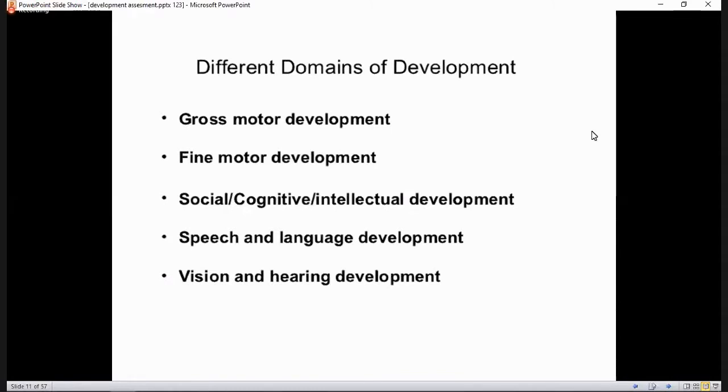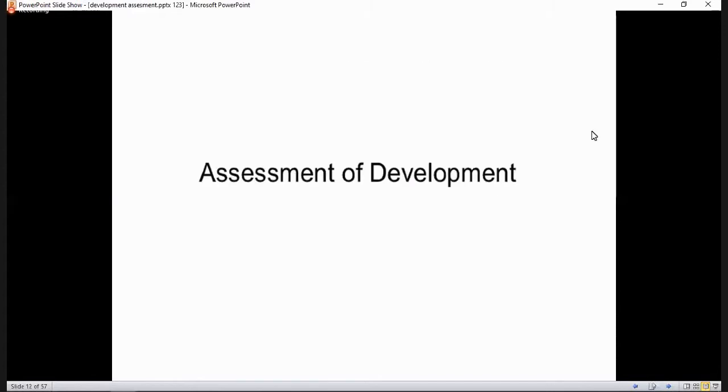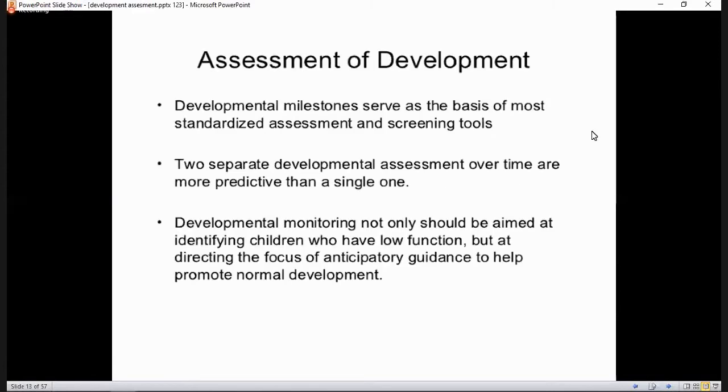Lastly, in the slide, I was talking about global development delay, which is defined as: if more than 2 of these domains are affected, we label it as global development delay. Development milestones serve as the basis of most standardized assessment and screening tools.